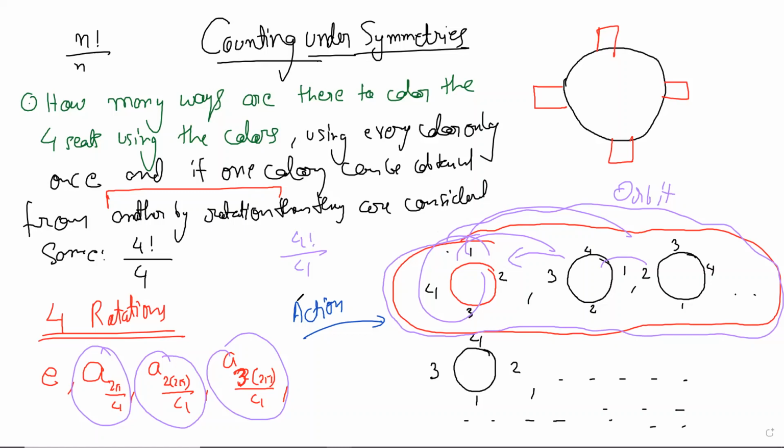You take some collection and you create groups of a certain size. Then the new number of groups you will get will be the total divided by the size of each group, and the size of each group is the same here. This will not always happen. That's why the answer is 4 factorial by 4. In general, it will be n factorial by n.